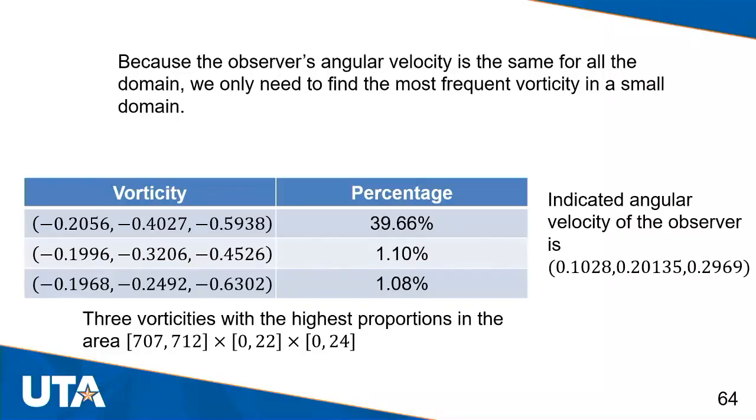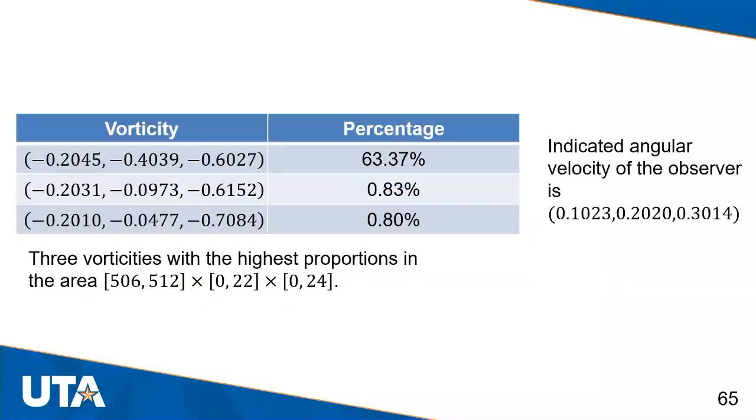This times 1/2 is 0.1028, and the error is very small, 0.22969. We know the observer's angular velocity is 0.1, 0.2, 0.3, so we get a very close estimate of the observer's angular speed.